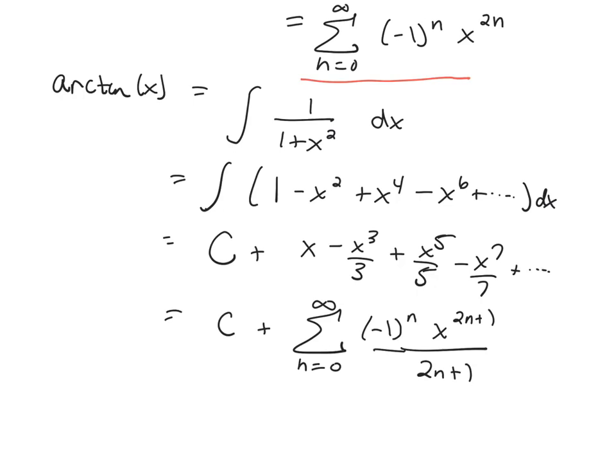So we've almost got our power series for arctangent. All I need to do is find this value of c, so I need to plug in something for x. What should I plug in?